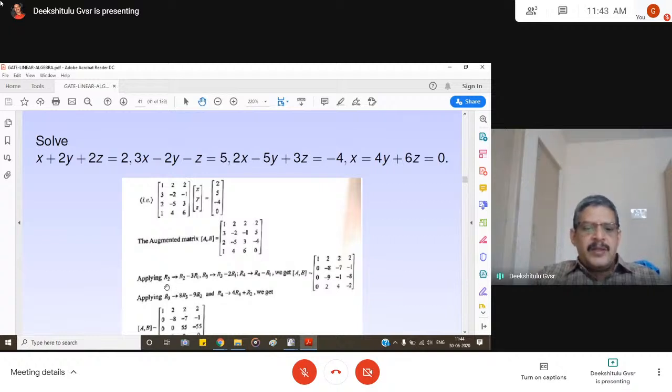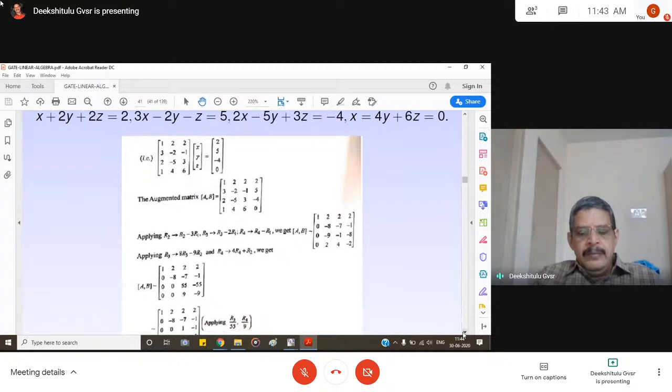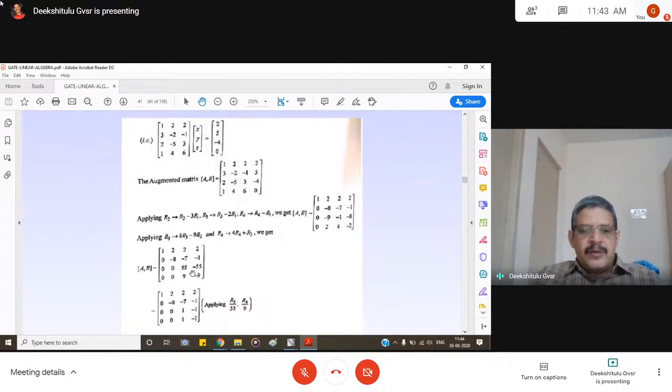By applying these many transformations, we get it like this. Further using row transformations, we get 1 2 2 2, 0 minus 8 minus 7 minus 1, 0 0 55 minus 55, 9 minus 9.